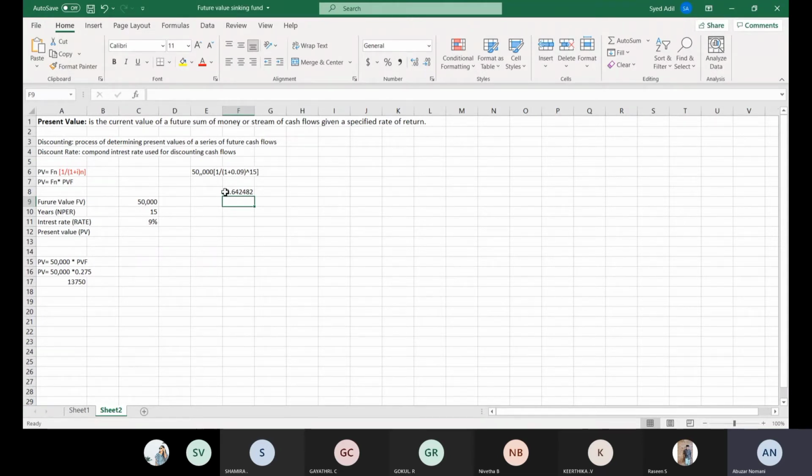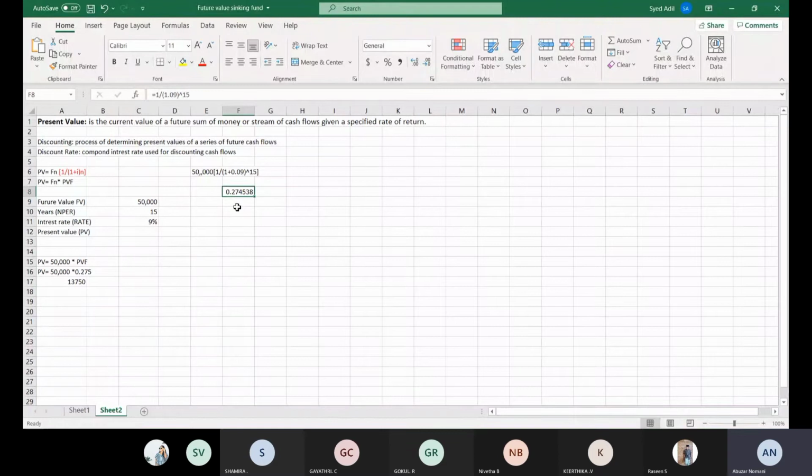Now we have to divide 1 by it also. So the value of the bracket that I have computed here is 0.274538.